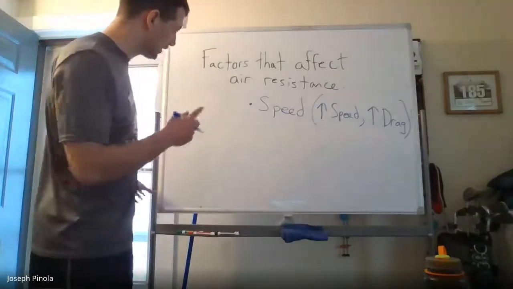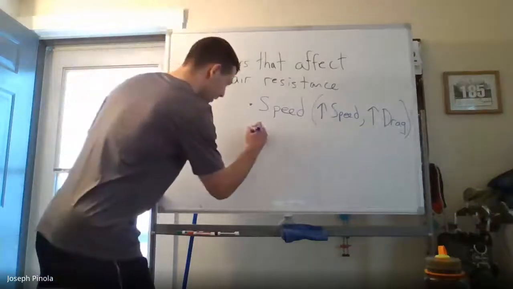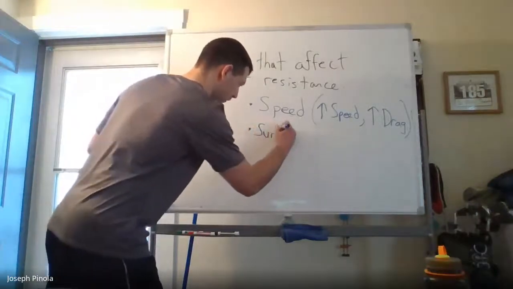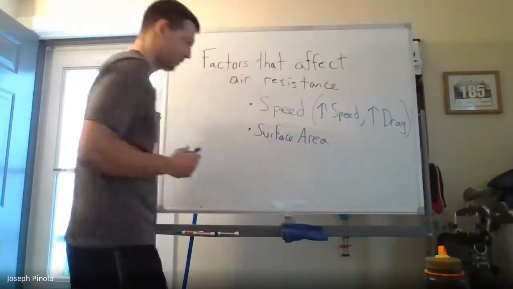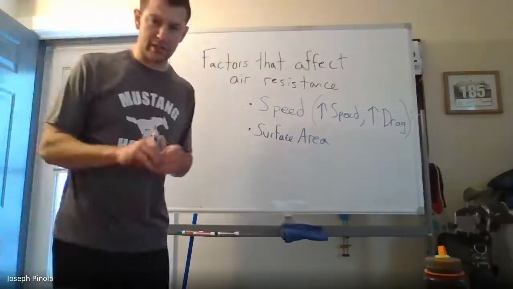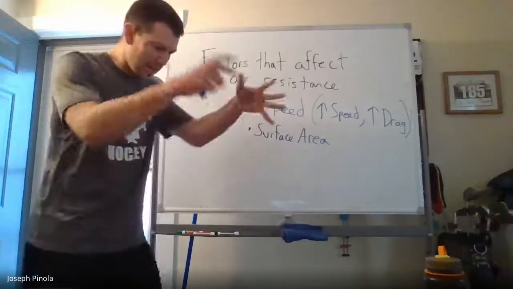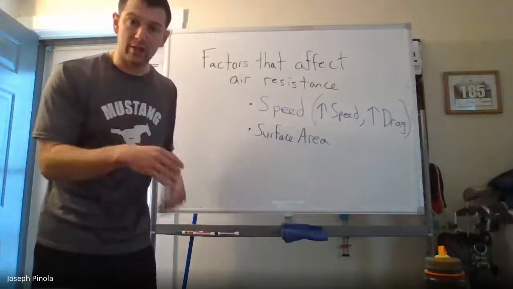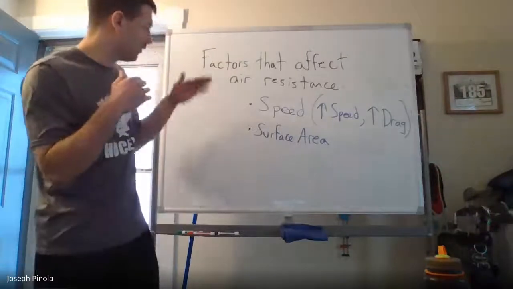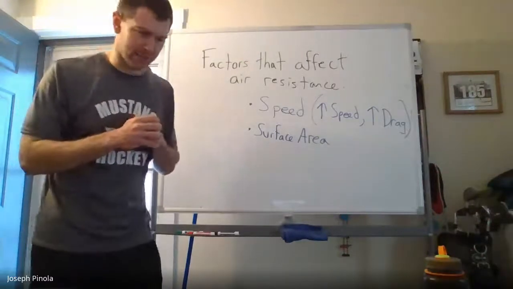A second factor that affects air resistance is surface area. By surface area, we mean the area of an object that is facing the wind that is working against it, or is facing the air that is working against it.